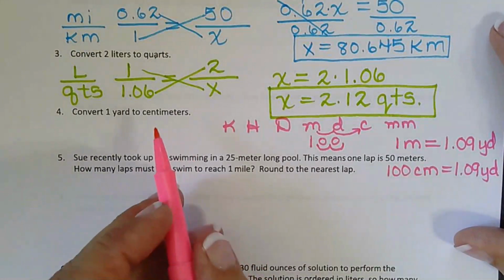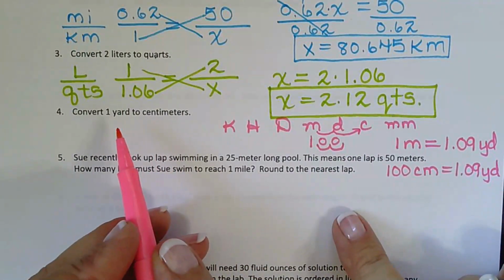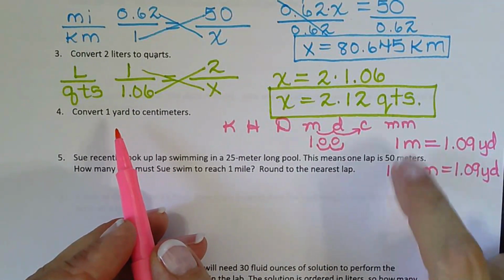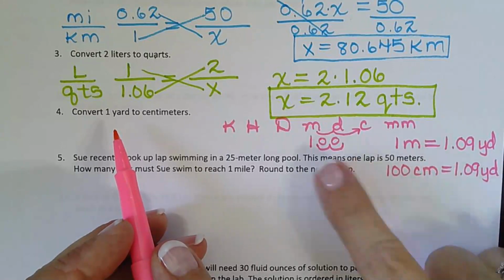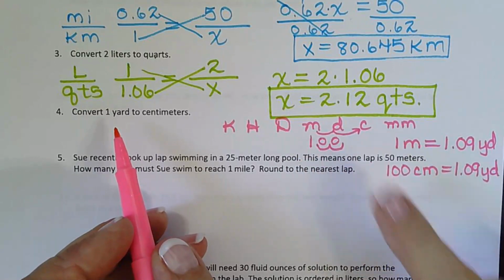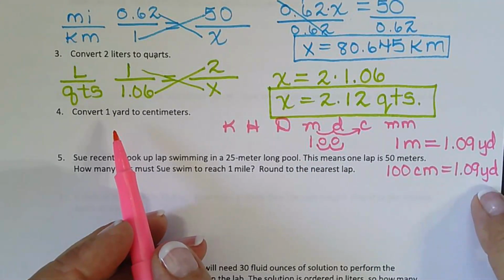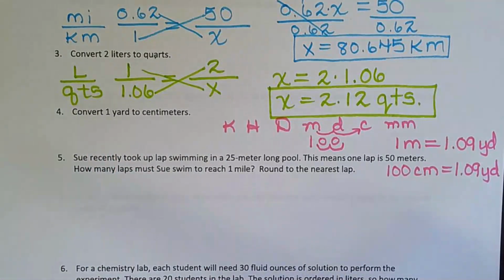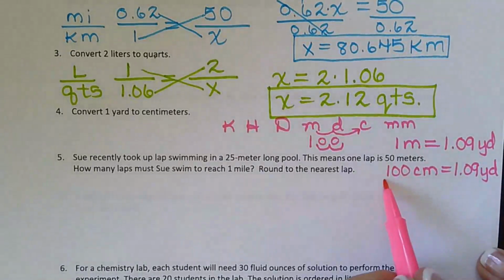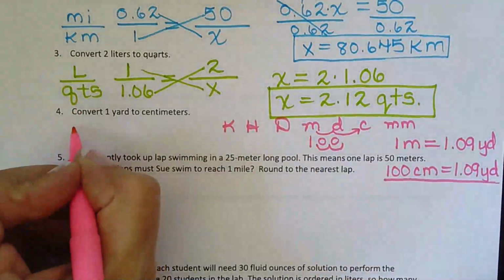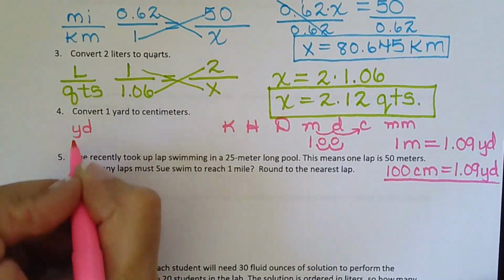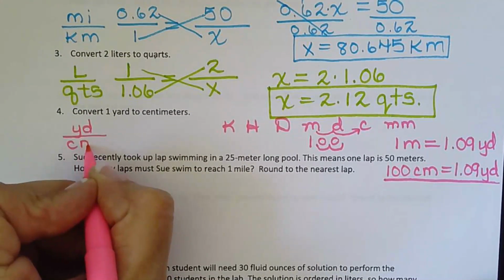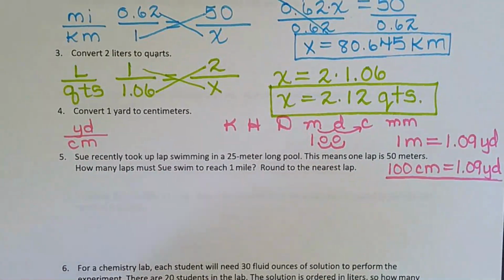So we have 100 centimeters, because that's the same thing as 1 meter we just saw here. 1, 2 is also 1.09 yards. So now we can do yards to centimeters, because now we have the correct conversion. So sometimes they can get a little tricky and you have to do a little bit of back work using your last section to give you the conversion you need.